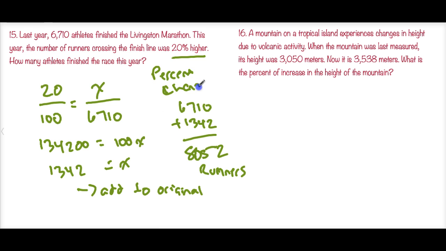So number 16. A mountain on a tropical island experiences changes in height due to volcanic activity. When the mountain was last measured, the height was 3,050 meters. Now it's 3,538 meters. What is the percent increase of the height of the mountain? So again, we have a percent change.